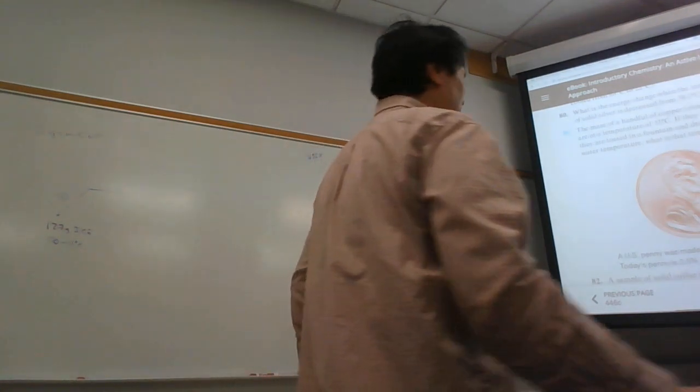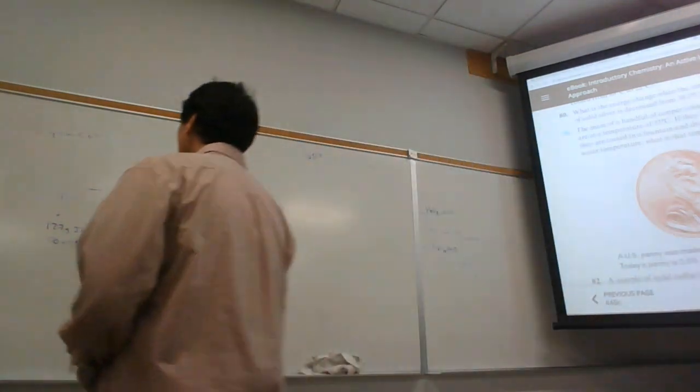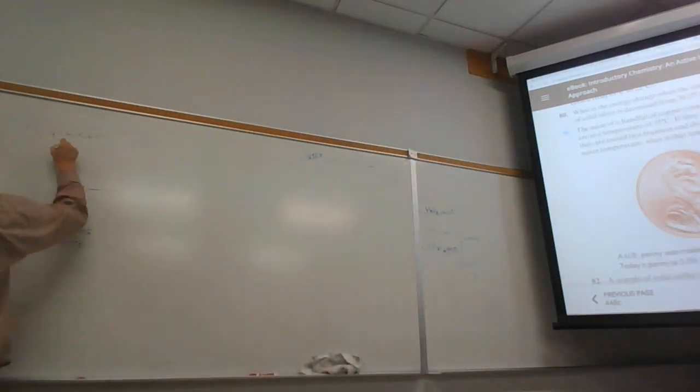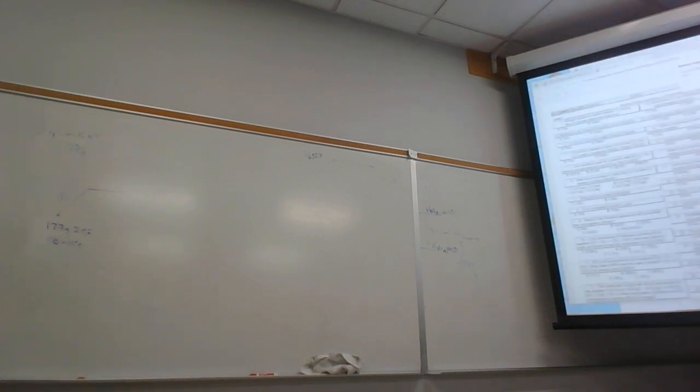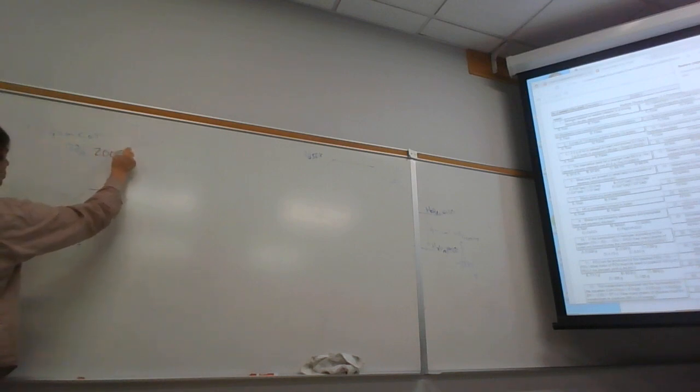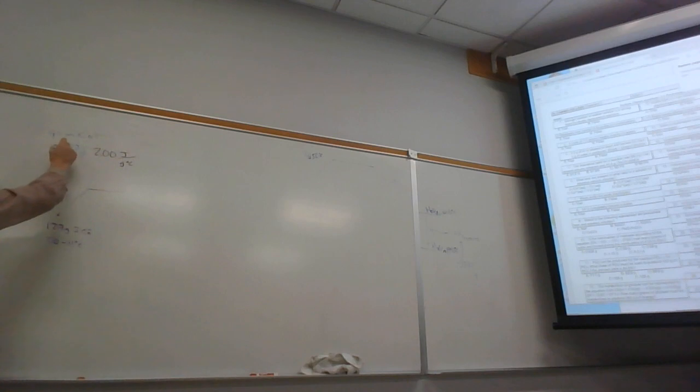And so I need to know the amount of ice, which I have 127 grams. And then I need to know the specific heat of ice. And so I have to look that up in the table. The specific heat of ice, actually, I know, 2.00 joules per gram degree C. The specific heat of ice.